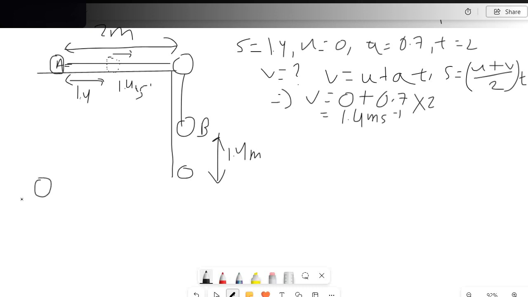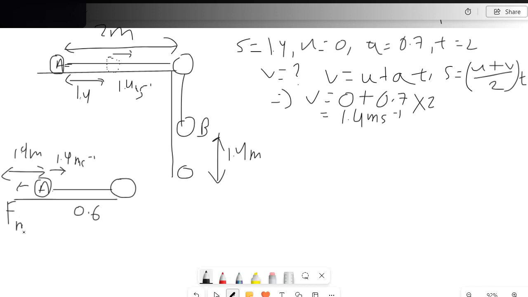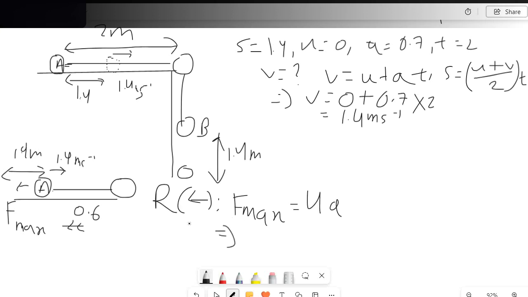So now we have to consider the motion after traveling 1.4 meters. The initial velocity of A is 1.4 meters per second, and it only needs to travel a distance of 0.6. Now we know that there is friction acting, therefore friction, or F max, acts as the resultant force towards the left. So there will be a deceleration towards the left, and resolving towards the left, we have F max equal to mass into acceleration, which is 4 into acceleration, and because the force is resistive, this should be negative.